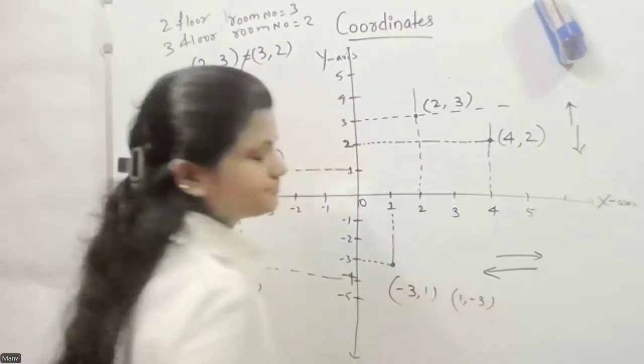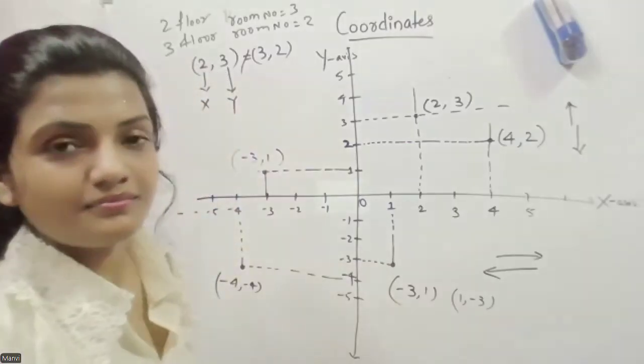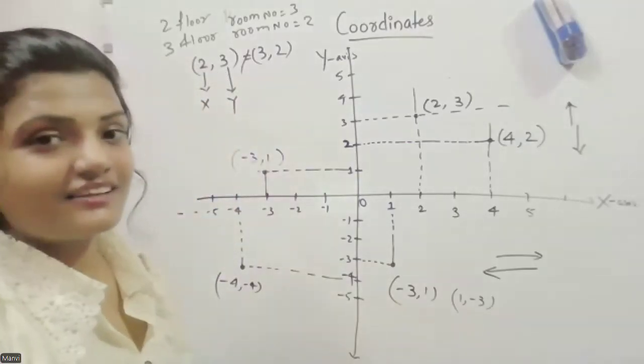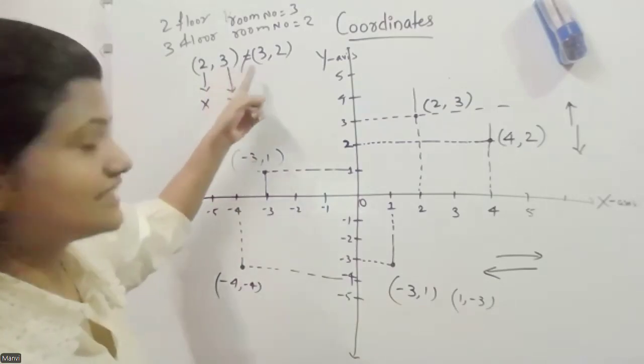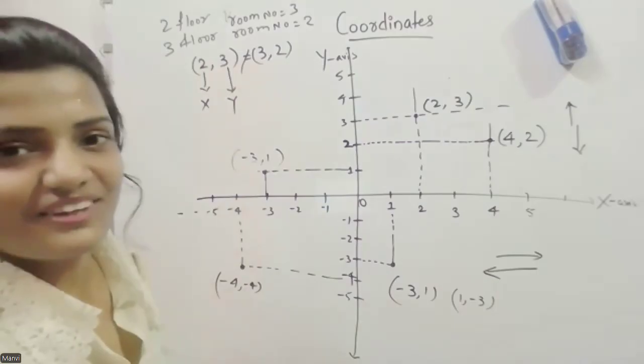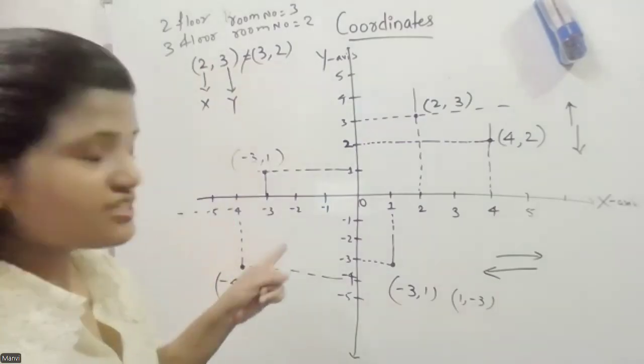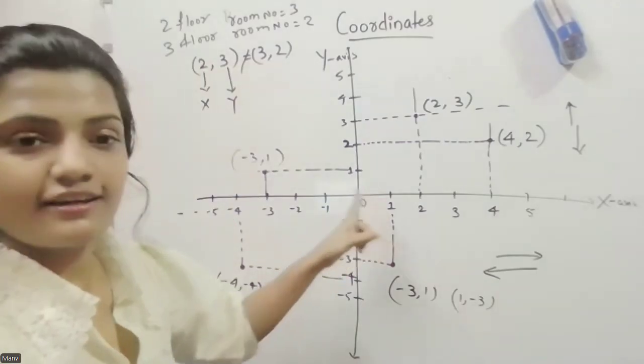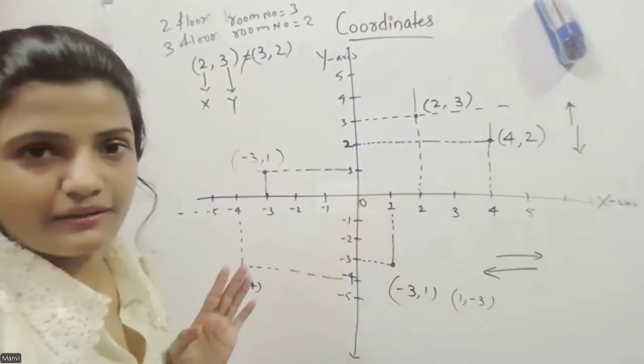Which is correct? Oh, it's 1, minus 3. I told you earlier, children make this mistake and you made the same, right? Don't get confused. First, we need to write the value of x, then the value of y. Okay?